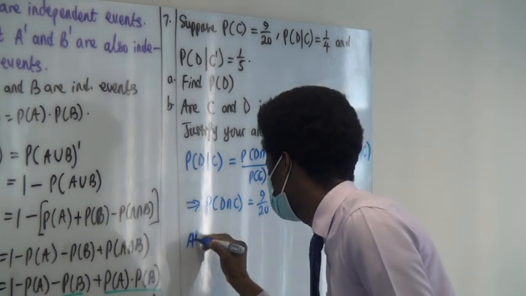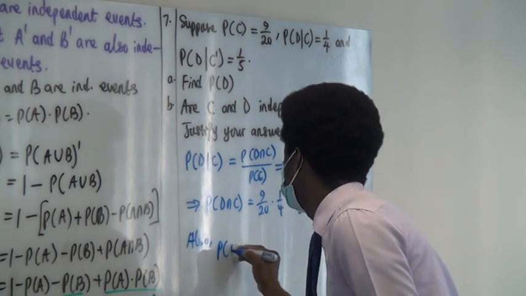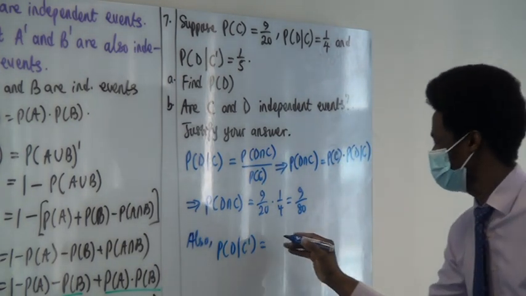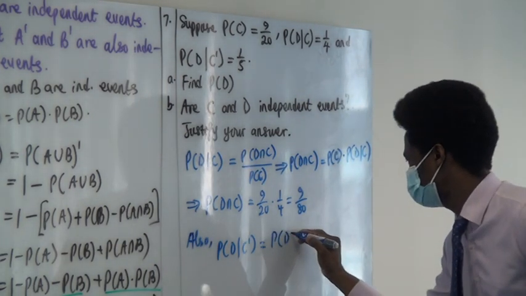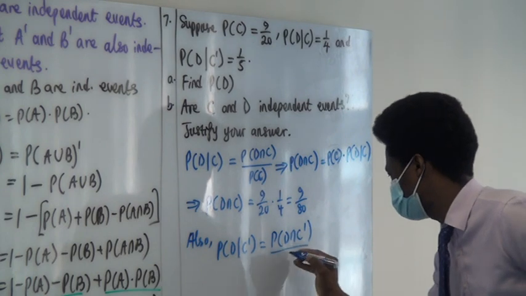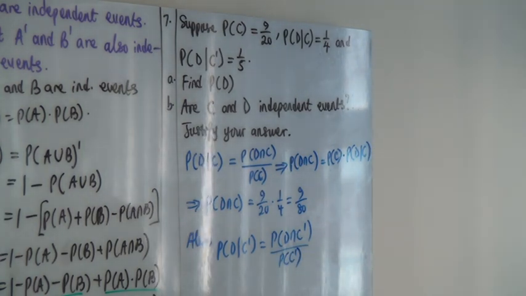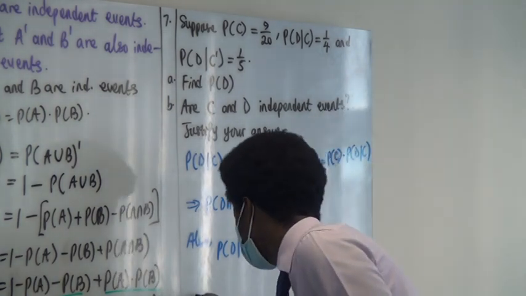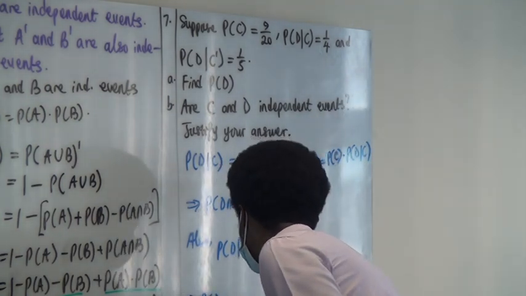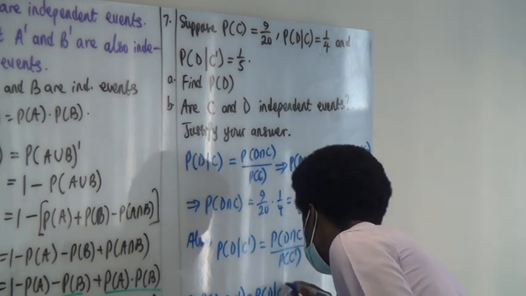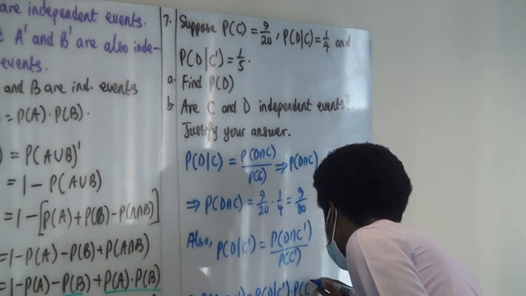So we can do the same here also. Probability of D given C complement will be probability of D intersection C complement divided by probability of C complement. So here also, you can cross multiply. Probability of D intersection C complement is equal to probability of D given C complement times probability of C complement.